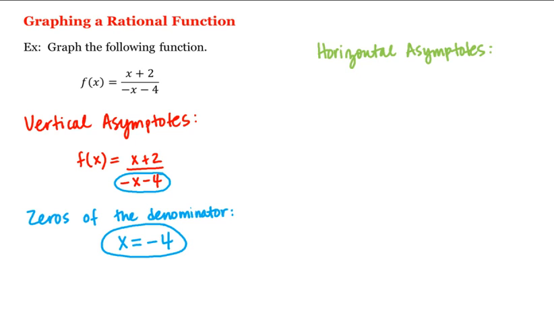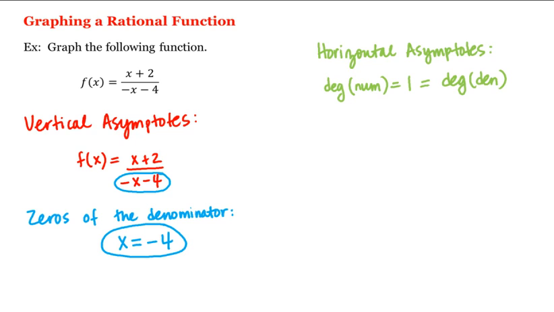Now, a rational function can have at most one horizontal asymptote. And remember that in order to determine whether or not it has one and what it is, we look at the degrees of the numerator and denominator. So we see here that the degree of our numerator is equal to 1, which is also the degree of the denominator.